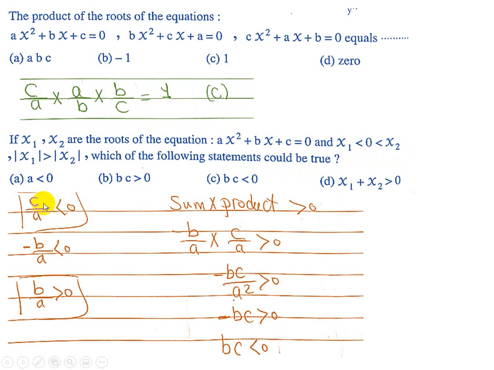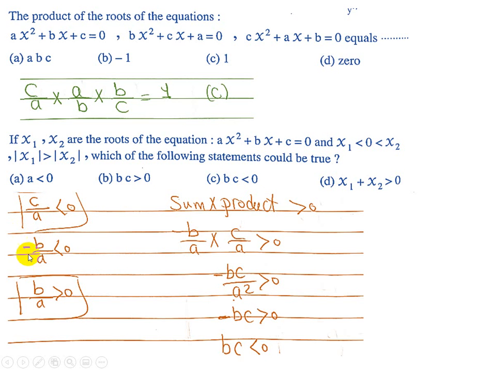So the sum negative b over a is smaller than 0. And the product of the roots, one is negative, one is positive, so the product is also negative, so c over a is smaller than 0.